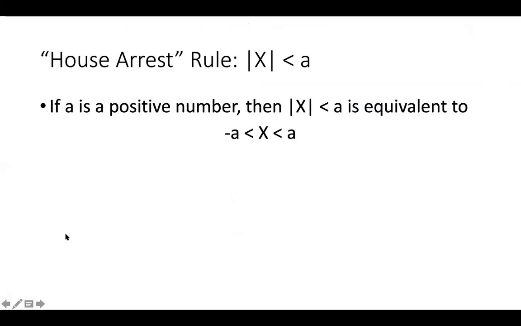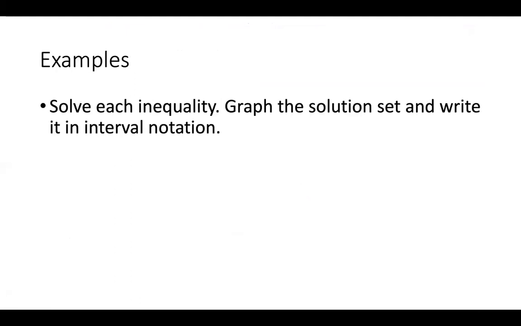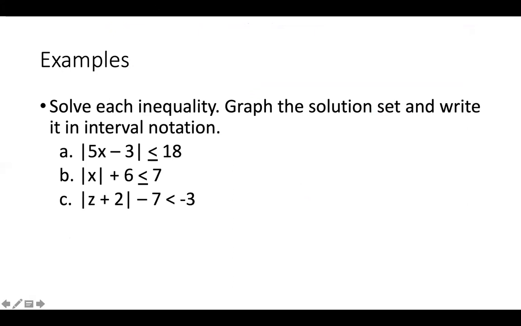If A is a positive number, then the absolute value of X is less than A is equivalent to the compound inequality negative A is less than X is less than A. All right, so we've got this batch of examples, which I will now switch over to the tablet. We can start looking at those.